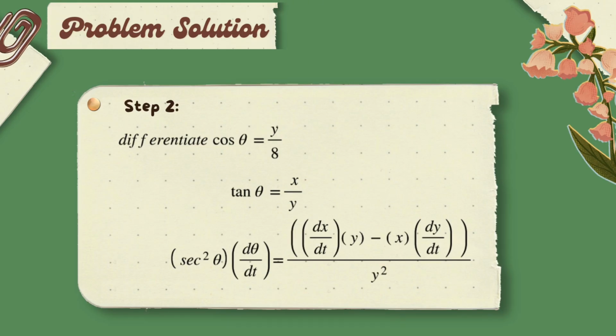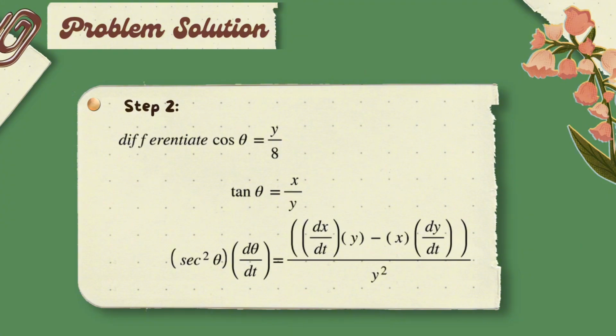We get sec squared theta multiplied by d theta over dt equal to dx over dt multiplied by y minus x multiplied by dy over dt, and all of that divided by y squared.